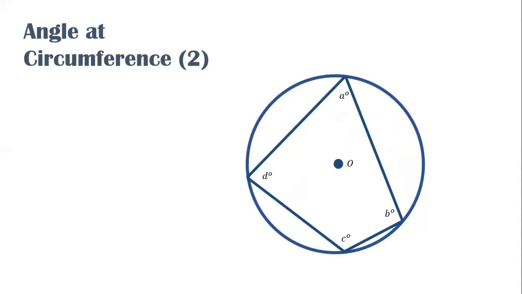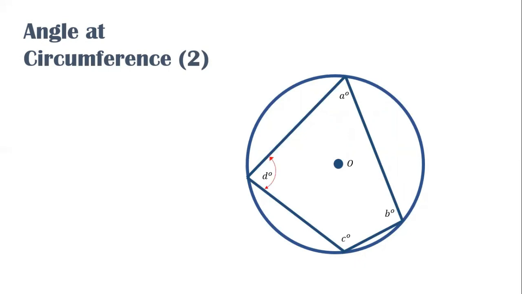Okay, we go to angle at circumference, the second pointer. Look at the diagram. This is a circle. It has four angles: A degrees, B degrees, C degrees, and D degrees, where O lies among A, B, C, D degrees.